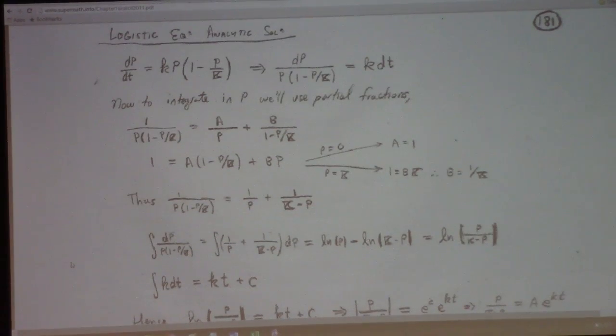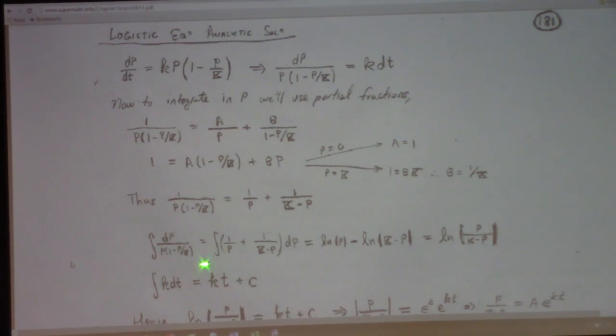So how do you actually solve that? Well, you separate variables, like so, and then you do partial fractions on this, right? Partial fractions, you guys already know that. It's like so Tuesday.